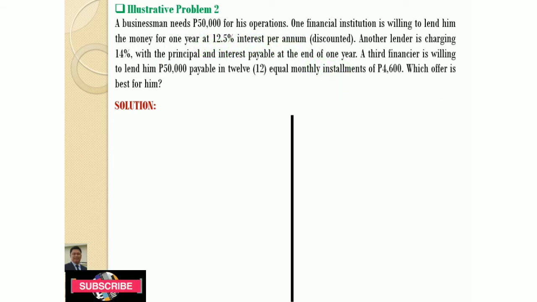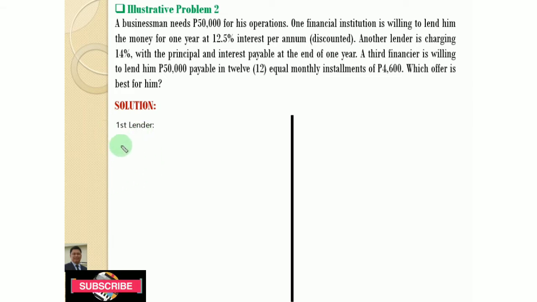So for this first lender, we have now this 12.5%, which is our small d, the rate of discount.